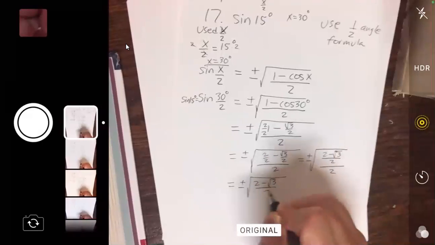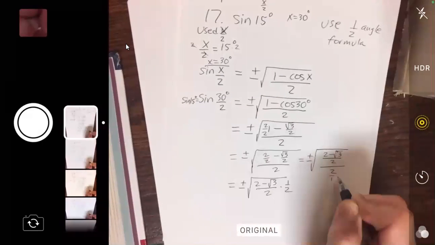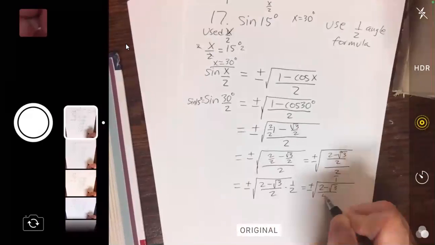That's going to be plus or minus the big square root of 2 minus root 3 all over 4. And then the square root of 4 on the bottom is 2, so plus or minus the big square root of 2 minus root 3 all over 2.